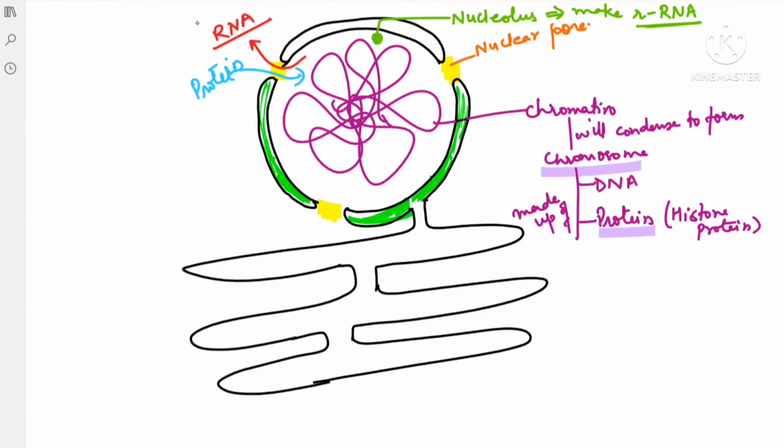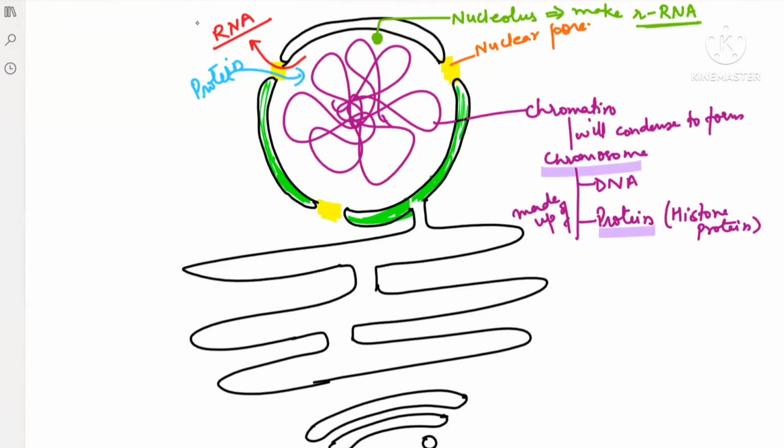What is this system known as? This system is actually the endomembrane system, which includes the ER. This is the Golgi body, I'm drawing the Golgi body this way. And this is the lysosome.